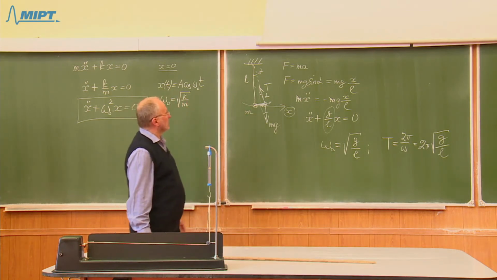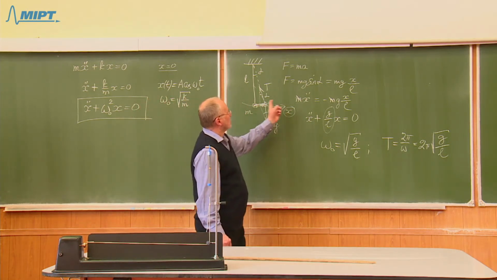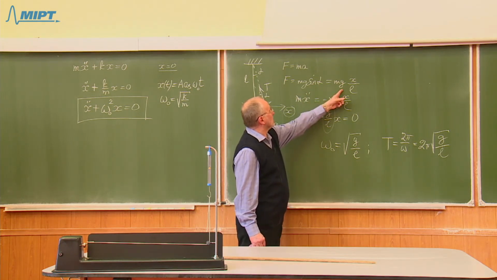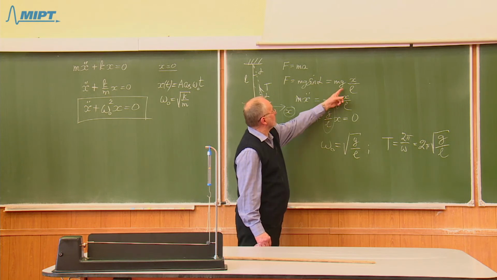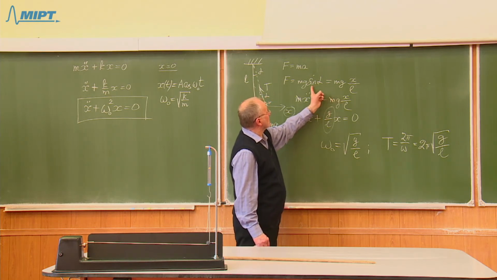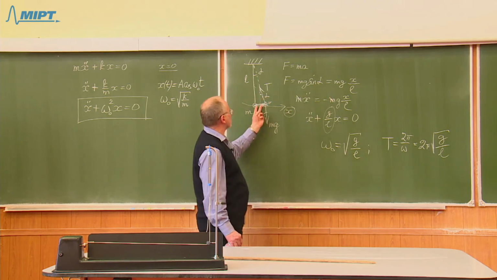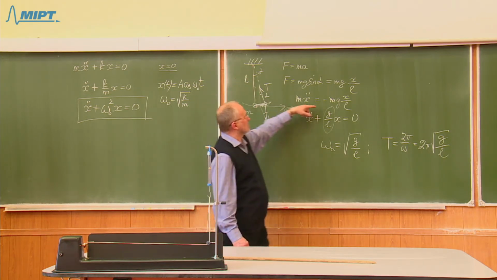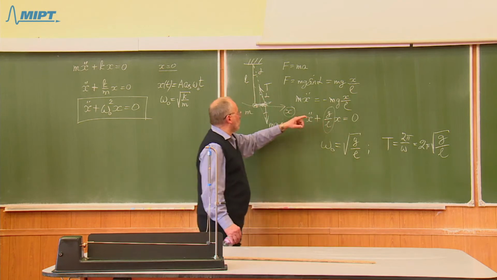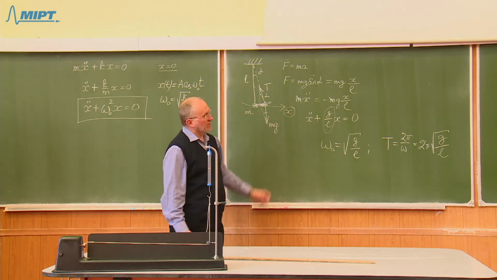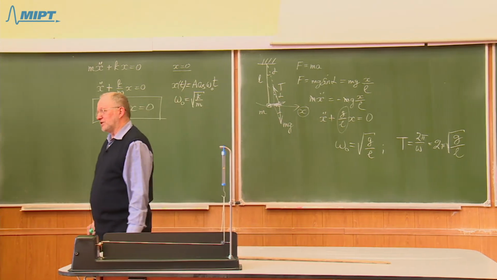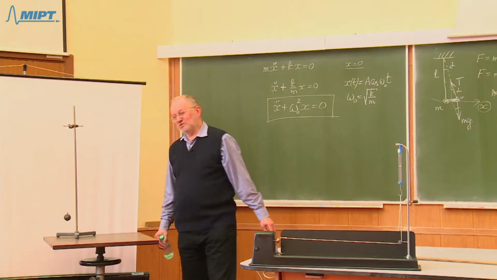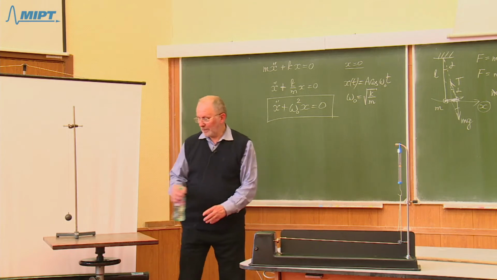If x is large, that part of my derivation will not be true. The sine alpha can be expressed as the small displacement divided by the length of this thread, x over L, only for small displacements. If the displacement is large enough, that will not be true.